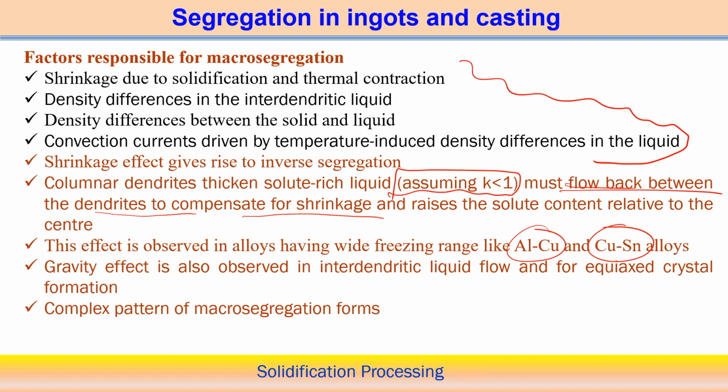But overall, the factors responsible for creating macro segregation are very complex, and the complex pattern we observe in the structure creates the macro segregation. And remember, in most cases the concentration gradient exists over a very localized position.